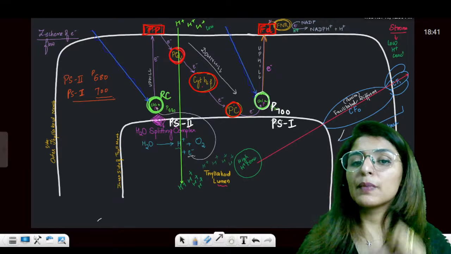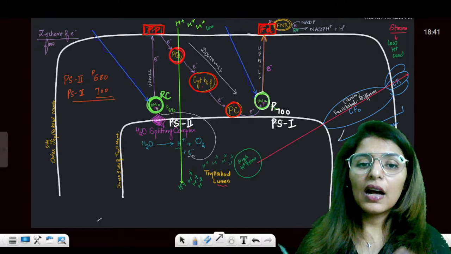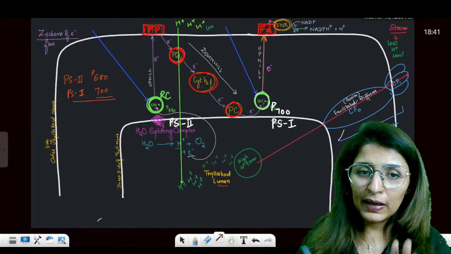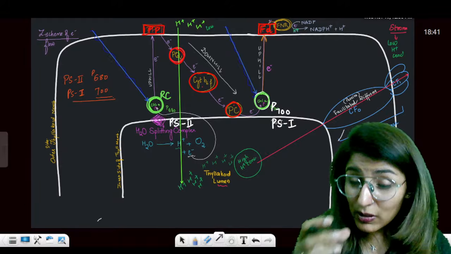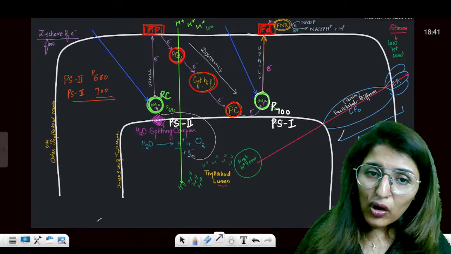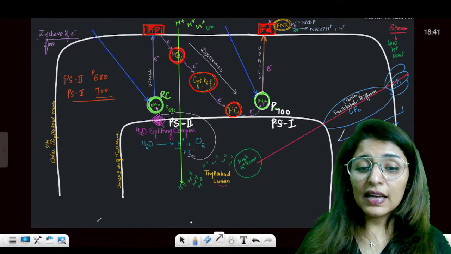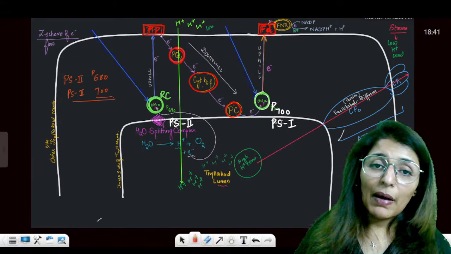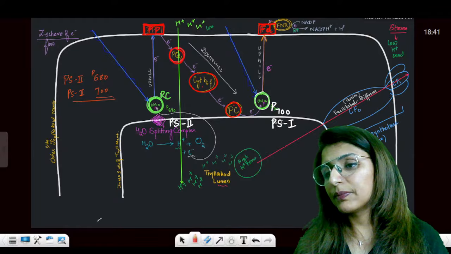When light is absorbed by these chlorophylls and also by the surrounding pigments, ultimately they will also pass on energy to chlorophyll A. So when chlorophyll A is getting so much energy, the electron of chlorophyll will be excited, and this electron will be taken up by PP, which is pheophytin. Please tell me that this point is clear.